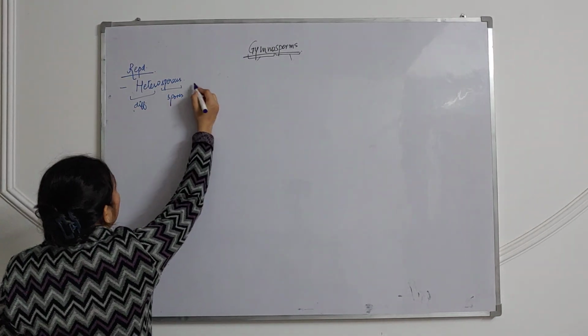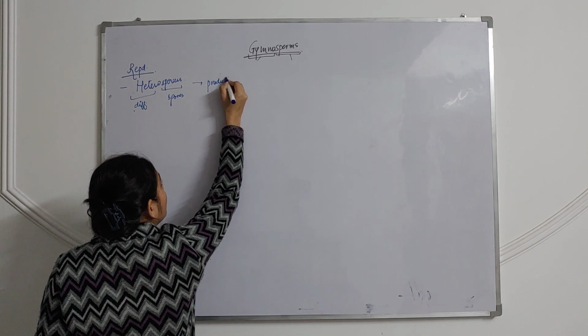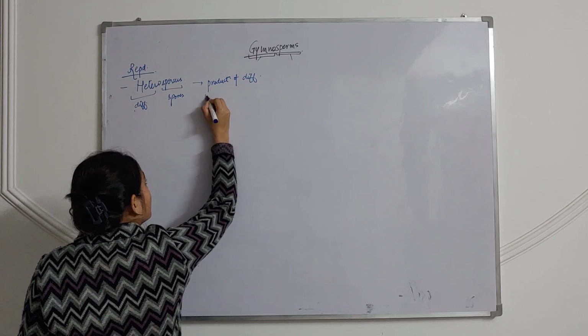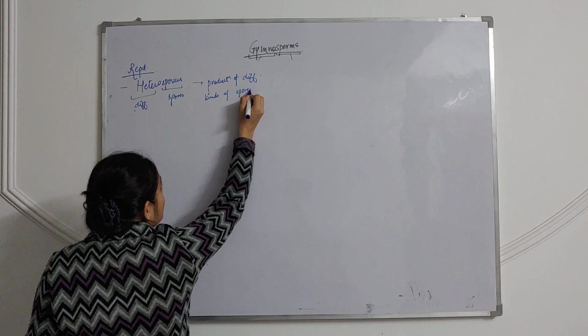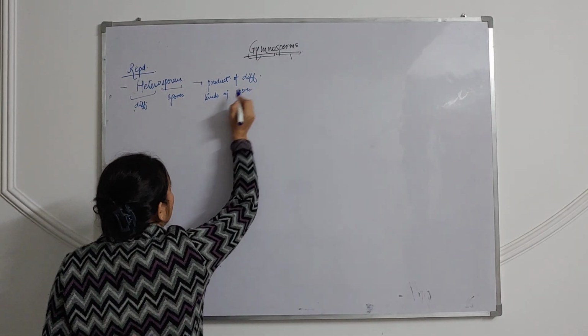Heterospores means the production of different kinds of spores. So what are the two different kinds of spores?